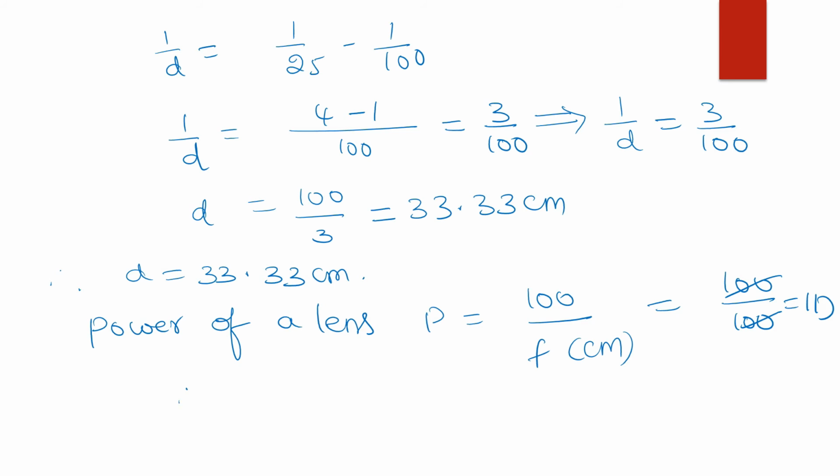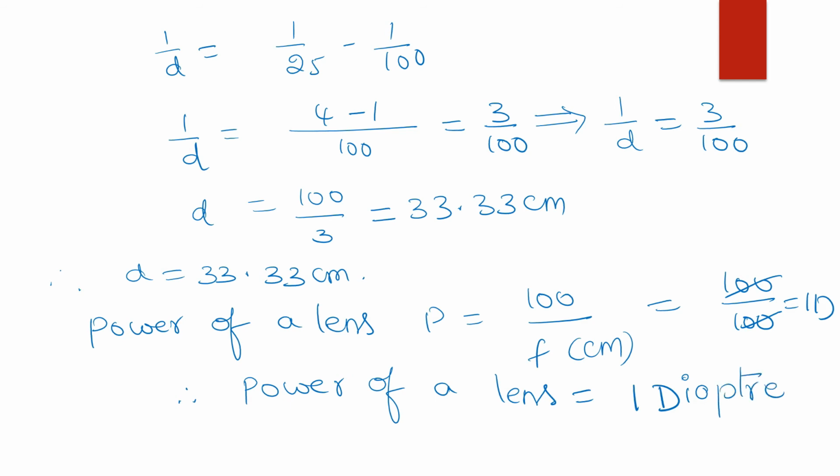Therefore, power of the lens is equal to 1 diopter. So the distance of near point we are getting is 33.33 centimeters, and power of the lens is 1 diopter. Okay, next we will go to the next one.